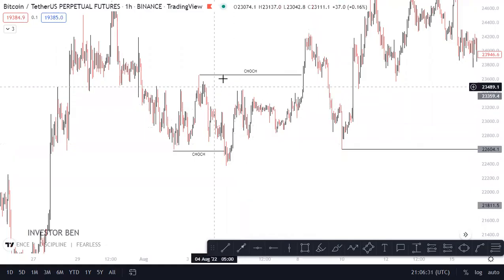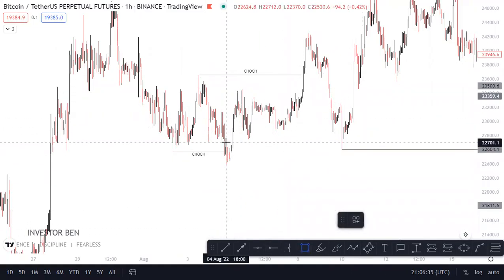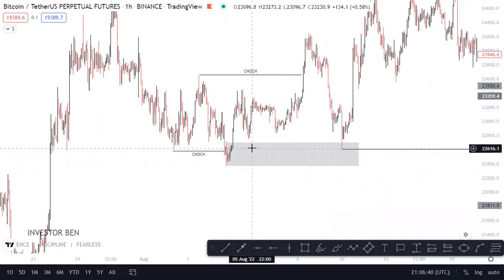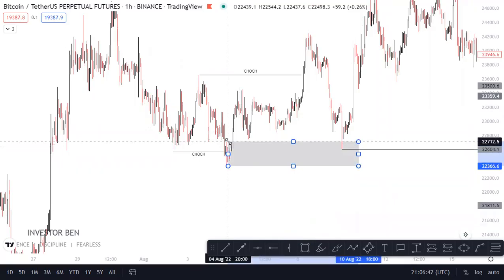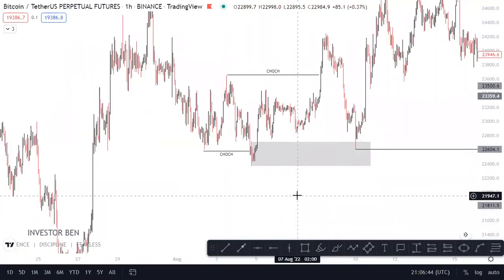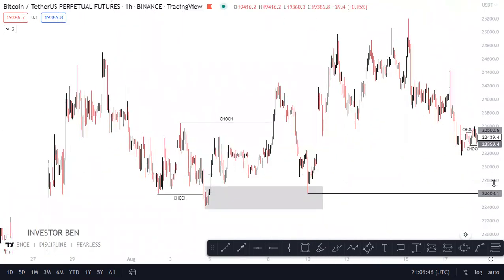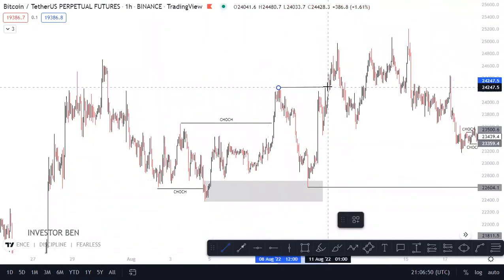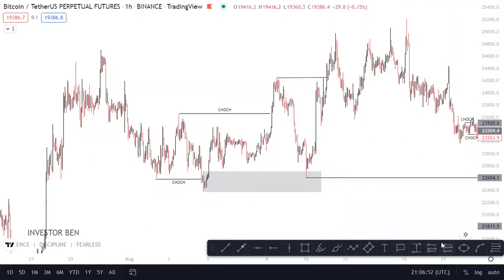After we broke this low and the high, we are provided with a demand zone here. Look at what price did: price bought into that demand zone, and this will be your target for a take profit.